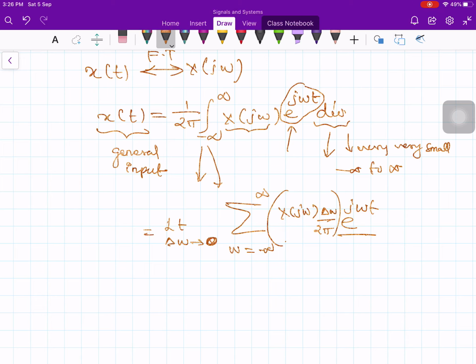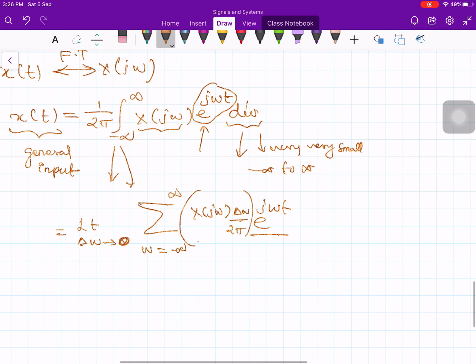Now from this you can conclude that if the input is e to the j omega t, then the forced response is h of j omega times e to the j omega t. In the first implication, what did we say?